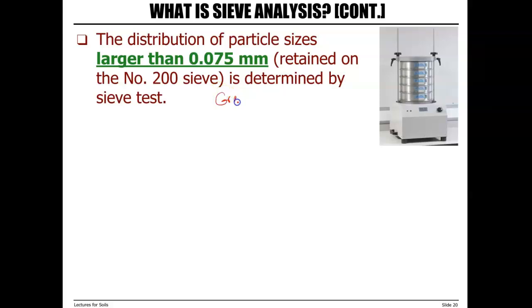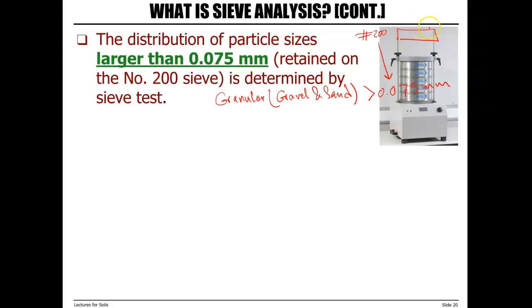So this is done on granular soil, which is mainly gravel and sand, which are particles larger than 0.075 millimeters. So this distribution of particle sizes larger than 0.075 millimeter, or particles retained on sieve number 200. So if we have a sieve number 200, this sieve has an opening size of 0.075 millimeter.